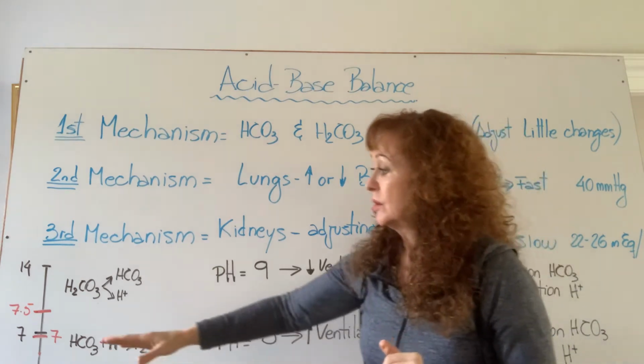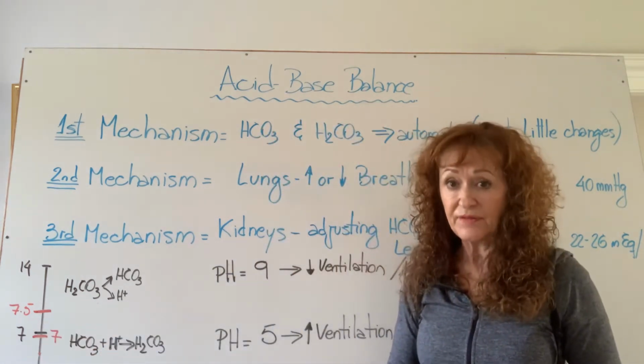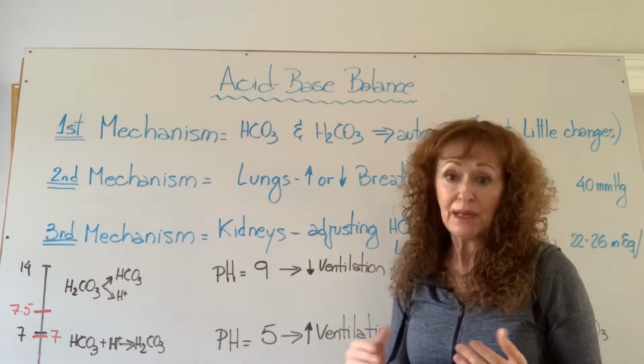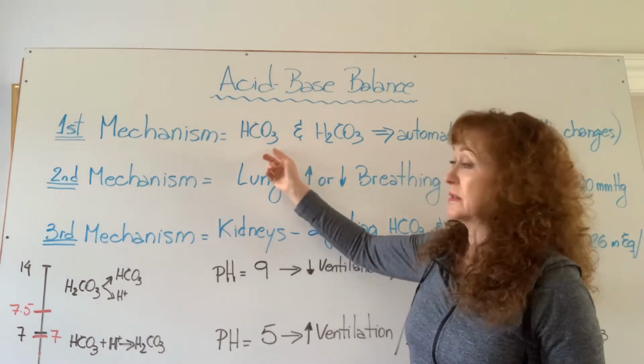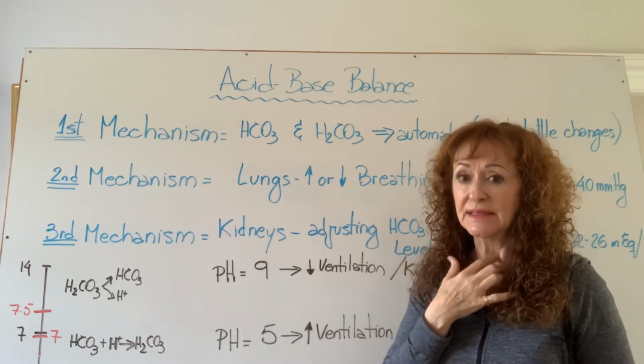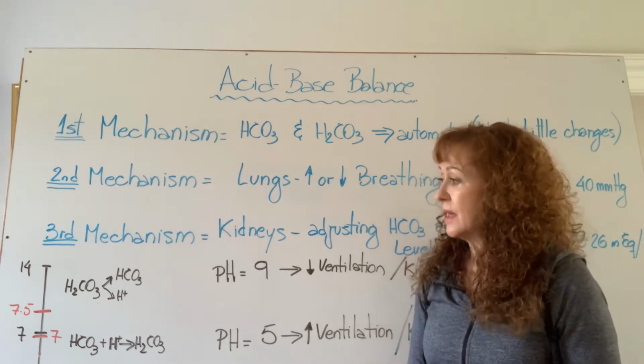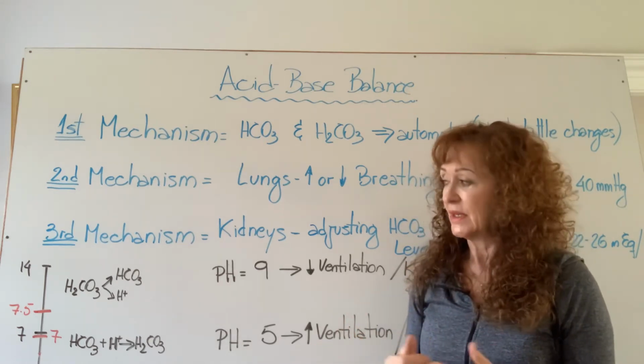Now, on the contrary, if we have a pH that drops significantly below the level that these two molecules can adjust, we are going to engage the respiratory system. The reason is because the response is really very fast.